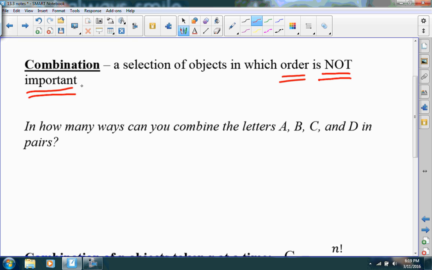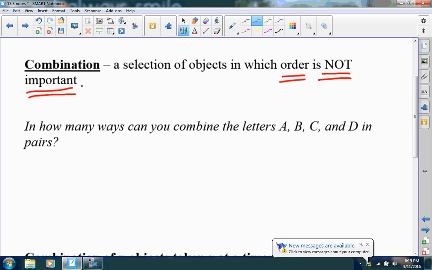So when we were dealing with permutations, I think we had an example where we talked about picking class president and vice president and secretary and treasurer, and you might have lots of people, maybe let's say you have 30 people, and the order that the students are picked for the positions matters there, because who you pick for president is going to be different than who you pick for vice president or for secretary or for treasurer.